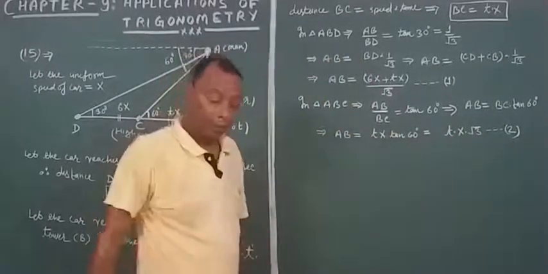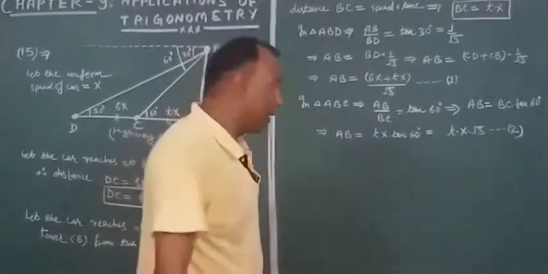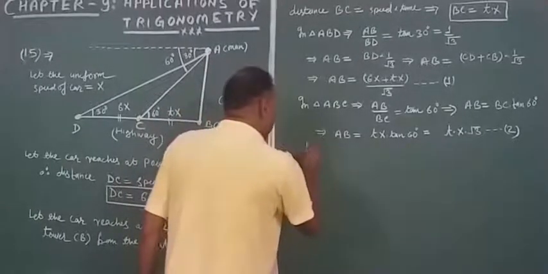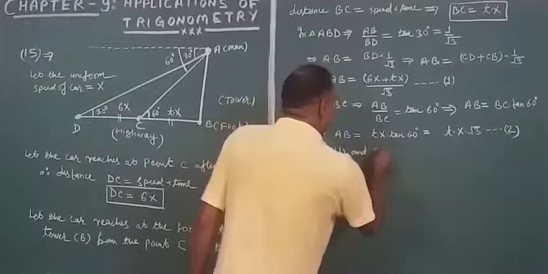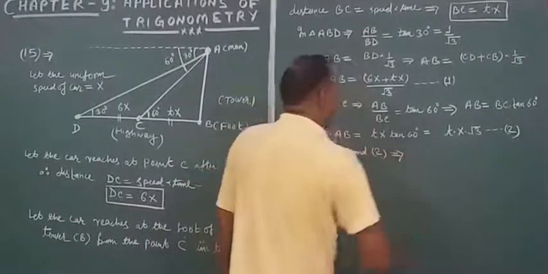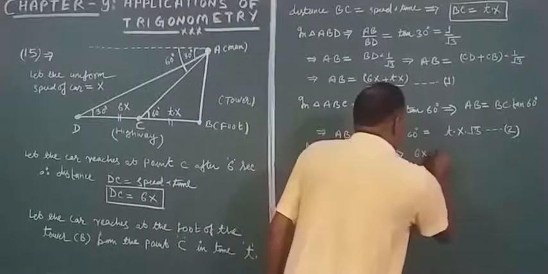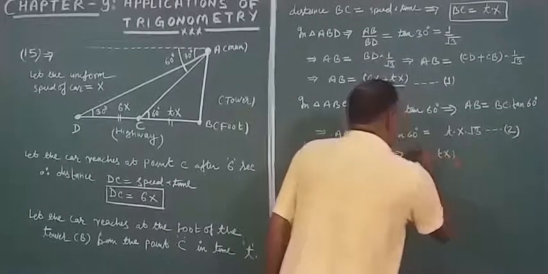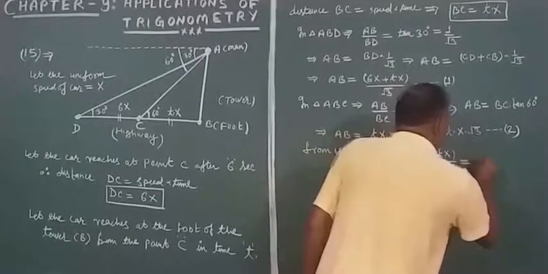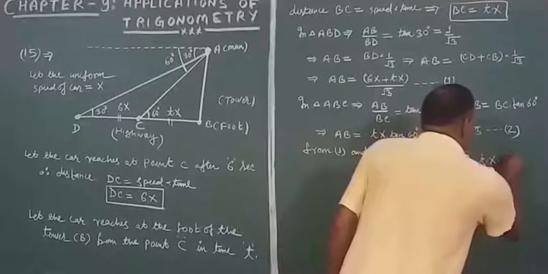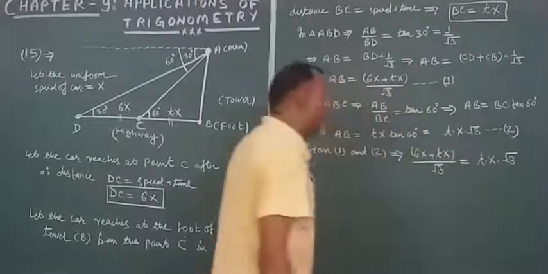So just look at the left hand side of these two equations. They are equal. Therefore, the right hand side will be equal. So from equation 1 and 2, what will happen? (6x plus TX) upon under root 3 will be equal to TX into under root 3. Do the cross multiplication.